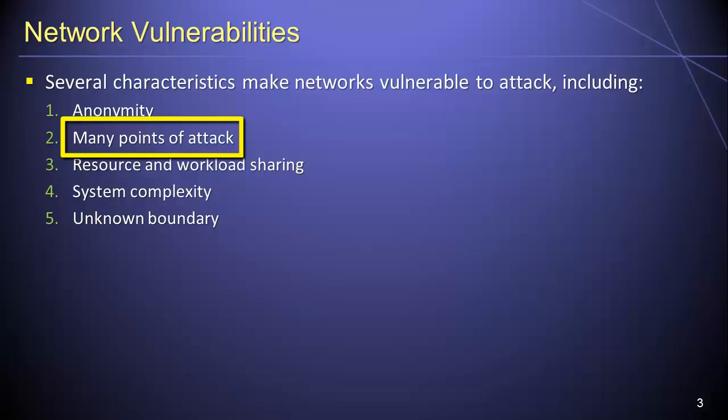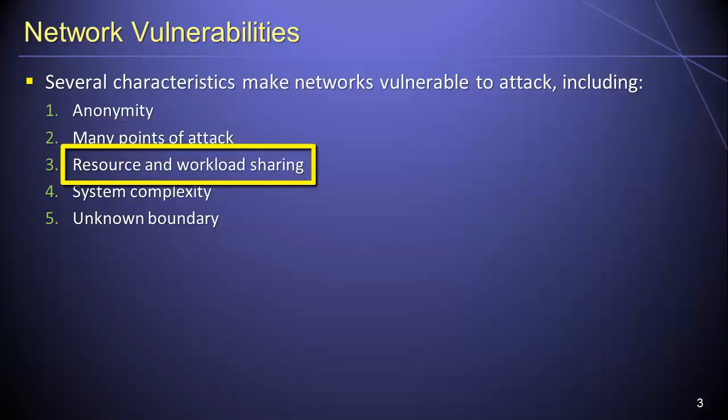From a security perspective, a network is only as strong as its weakest link, and weak access controls on a single node can expose the entire network to risk. Third, networks allow computational resources and workload to be shared, and this means that more users have access to computational assets, thus exposing those assets to greater risk.